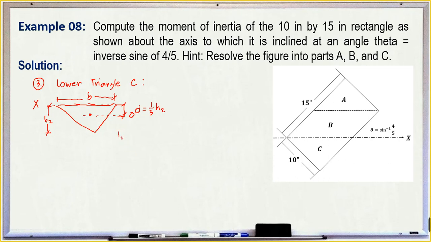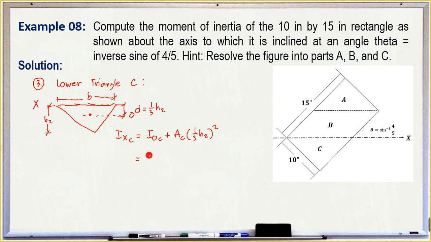So again we have the moment of inertia Ixc equal to the moment of inertia of this triangle along its centroid plus its area times the square of its distance. The distance d is just 1/3 of its height, squared.